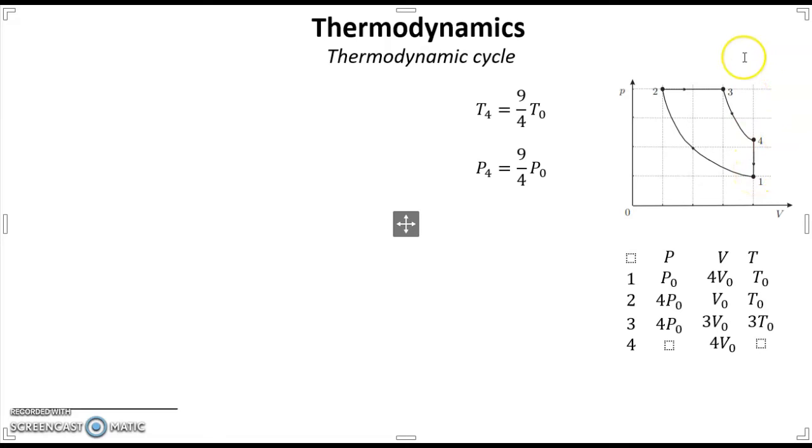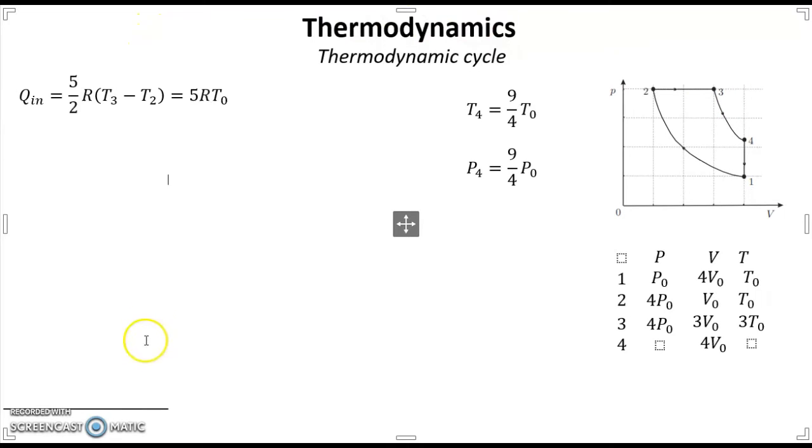The only process responsible for heating is this isobaric process from 2 to 3. And for this process we can immediately count the total Q in. So this is the formula.